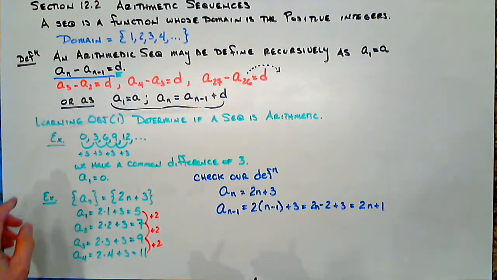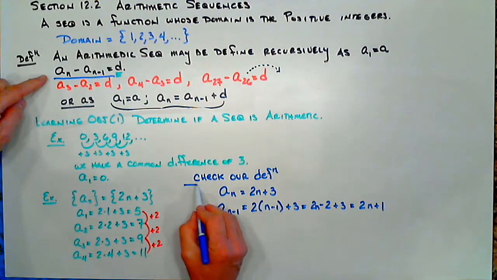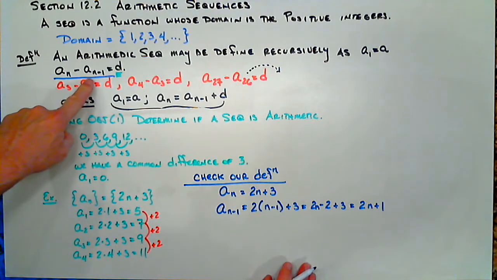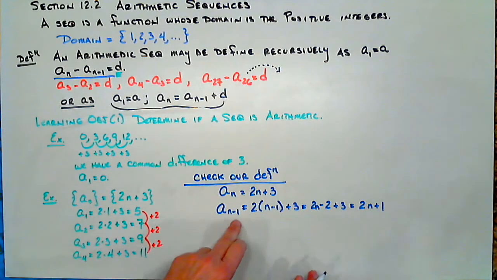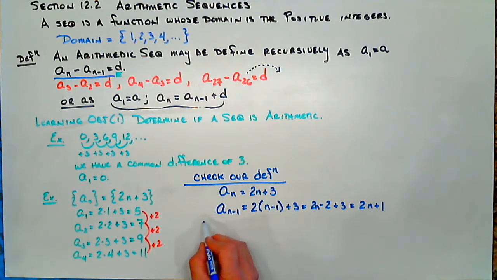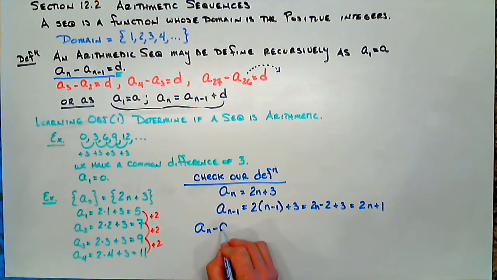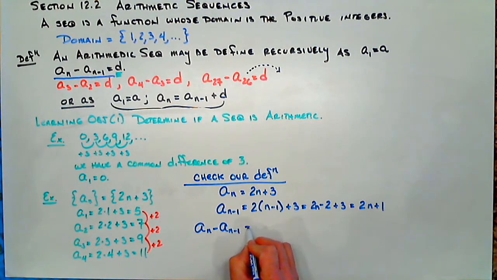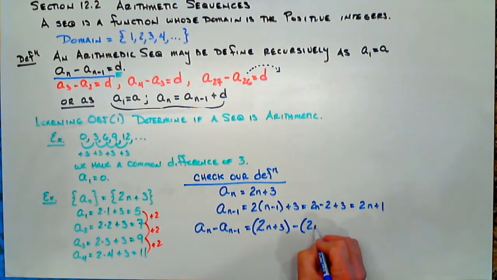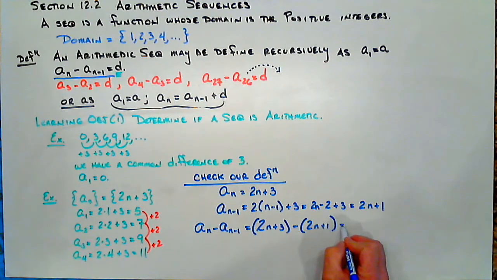So what have we done? We're checking our definition. We've plugged in the formula for the nth term. We've plugged in the formula for the n minus first term. Now we're going to check to see if, when we subtract them, what do we get?